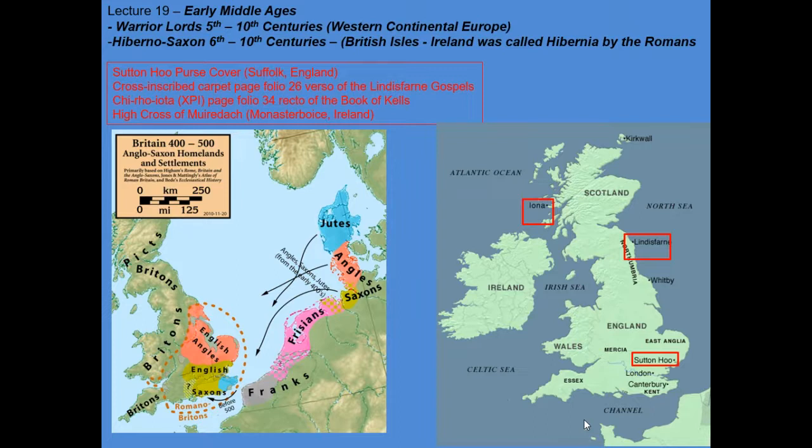We're now talking about the time period after the fall of Rome, roughly around 450 CE, and this unit will extend all the way up for another 1,000 years up to around the year 1400, the start of the Renaissance. So some things that are happening in Europe in general as the western half of the Roman Empire begins to disintegrate.